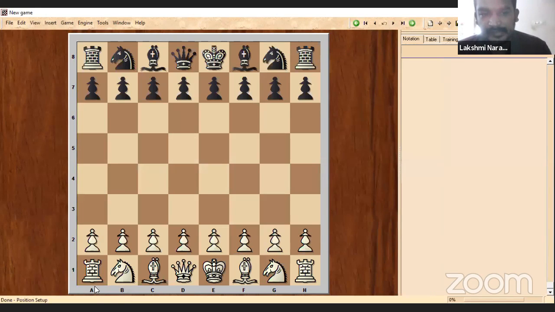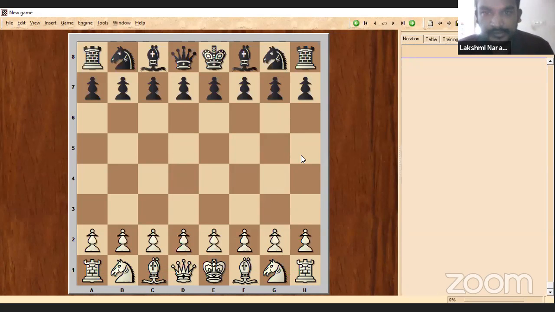So in chess, we can see that there are 8 files. The vertical lines are called as files, and horizontal lines are called as the rank. Okay, so there are 8 files and there are 8 ranks.